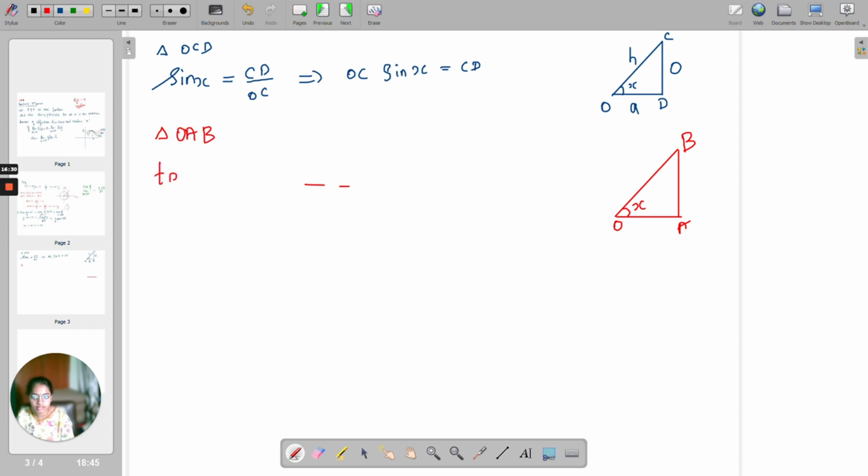Tan x is opposite by adjacent. Which is the opposite side over here? Opposite is AB, divided by adjacent, that is OA. Now what is AB? AB is equal to OA into tan x.